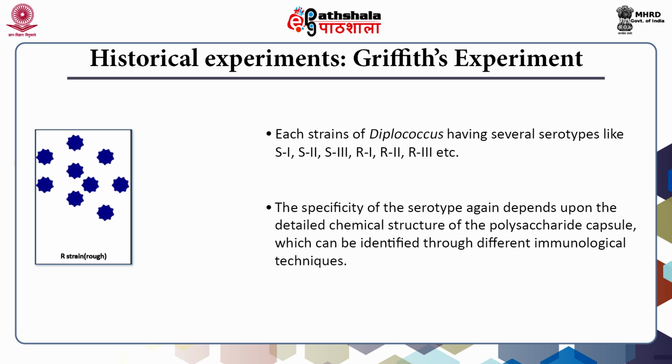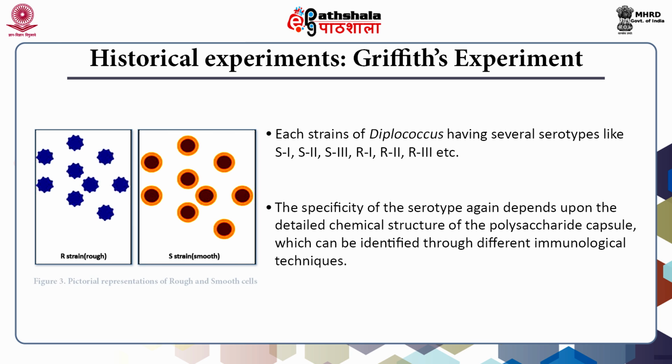Here in the picture you can see R type and S type cells. The R type cells look rough, and the smooth type cells look very smooth, with a polysaccharide cover.